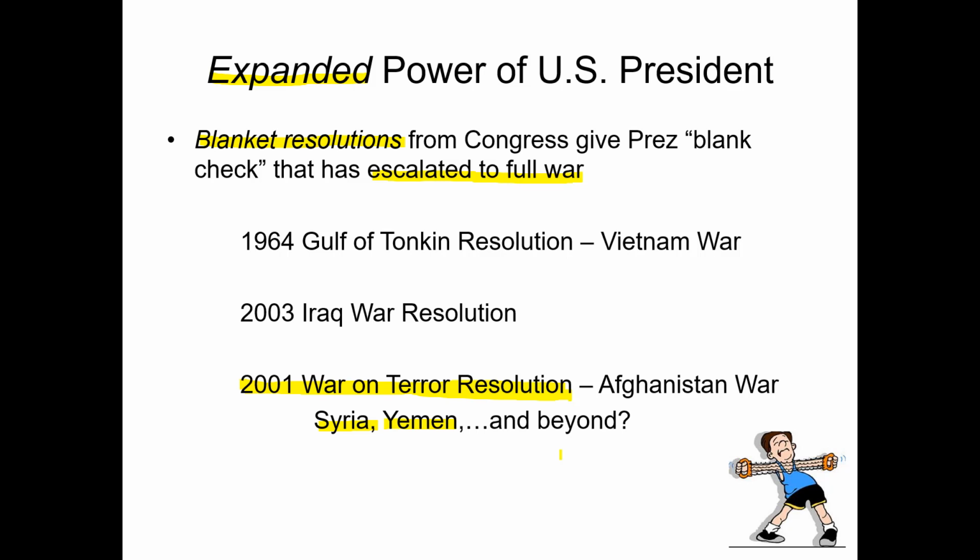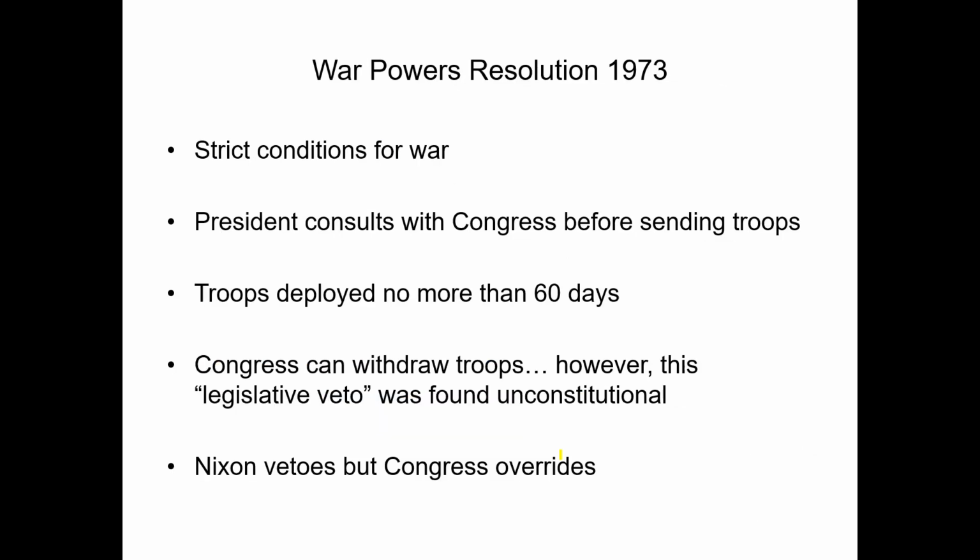And of course that could creep up on you, but when you're trying to solve a problem and you're trying to win this situation, whatever that means, and it's harder to win wars in today's world, then it could just continuously get worse. After the Vietnam War, Congress actually came back in and said, well, maybe we need to rethink this and try to take a little bit of power away from the president on that.